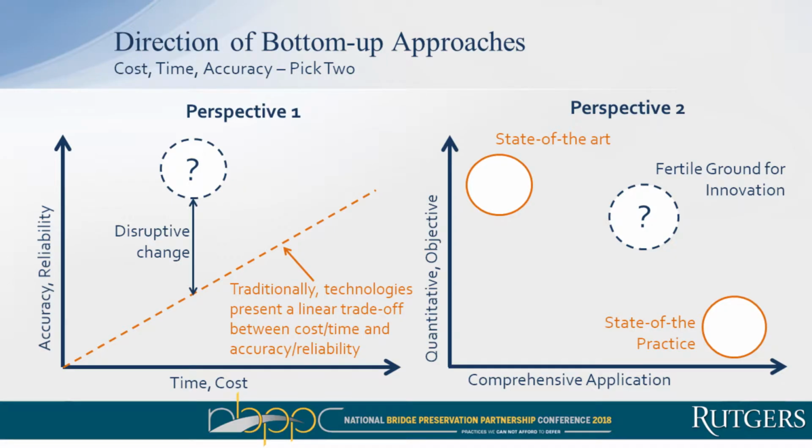You can even paste it onto models. You can use HoloLens, so when the inspector is out on site, they actually see it projected on the bridge itself. So there's a lot of things that can be done. They're somewhat expensive at this point, and they've been sort of relegated to a few structures, right? They're sort of the exceptions to the rule.